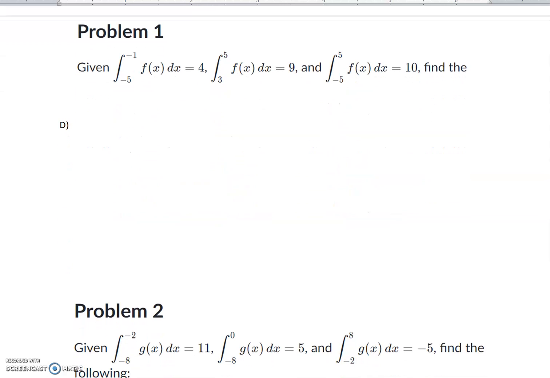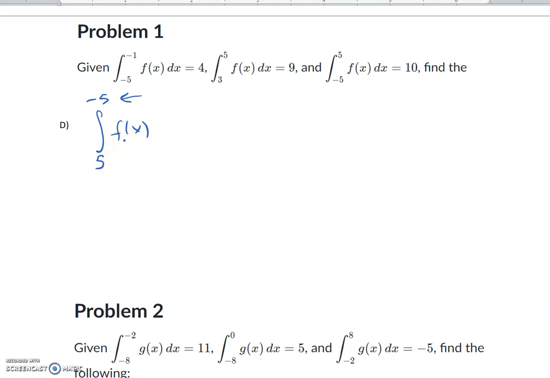So 1D is the integral from 5 to -5 of f of x. Well, the issue here is that the upper bound is actually less than the lower bound. They're in the wrong order.